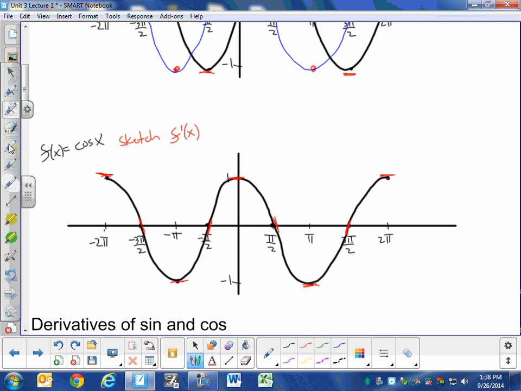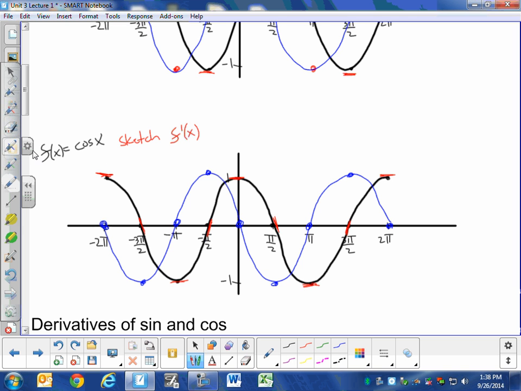So I'll do it in blue: 0, negative, 0, positive, 0, negative, 0, positive, 0. Sketching it, connecting it. This is what we get.